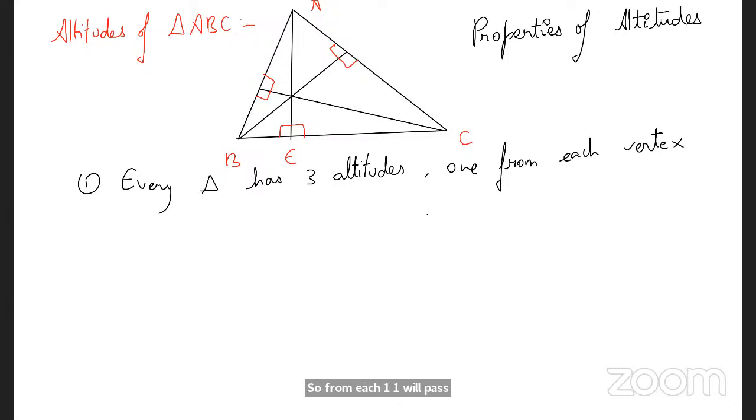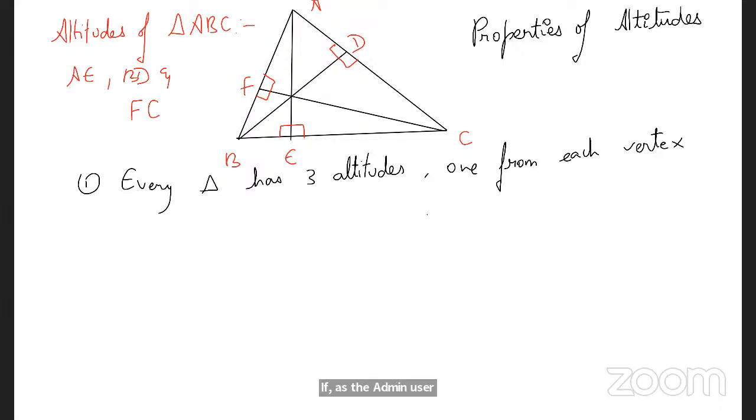Now, if we take a look at triangle ABC, what are its altitudes? Let's name them. Let's name this one E and this one F. So AD, BE, and FC are the altitudes of triangle ABC.